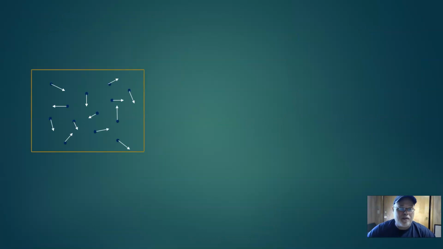So let's imagine we have a system of particles. Now, you know that a system is just defined by being the set of objects that we're interested in. A system can consist of one object, or it can consist of a multitude of objects. What I've drawn here is a system of several objects, quite a few. And they're all doing their own thing. They're moving. Maybe they're interacting with each other.